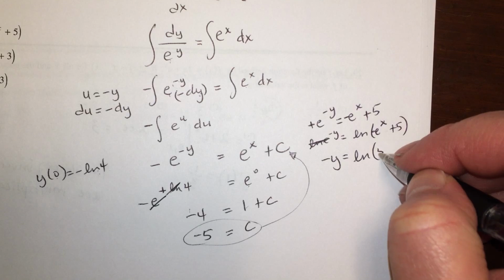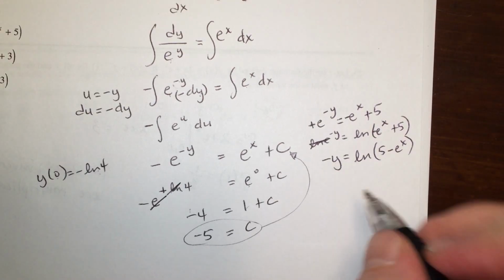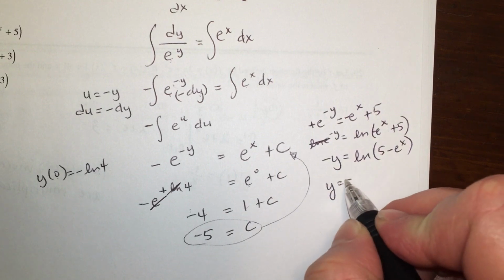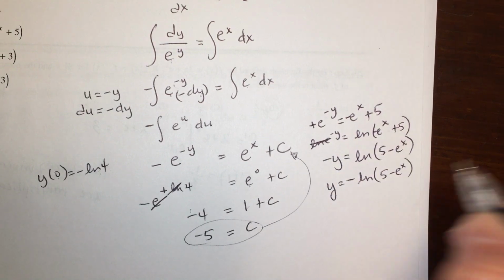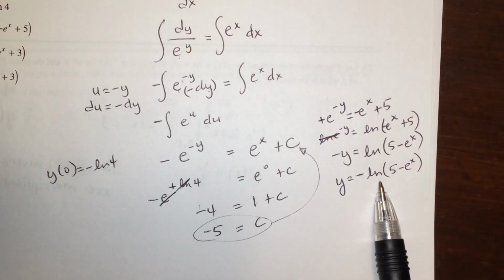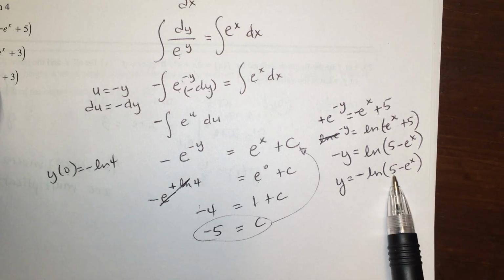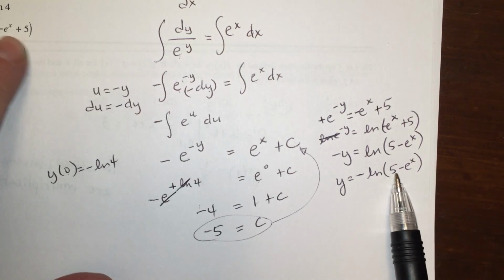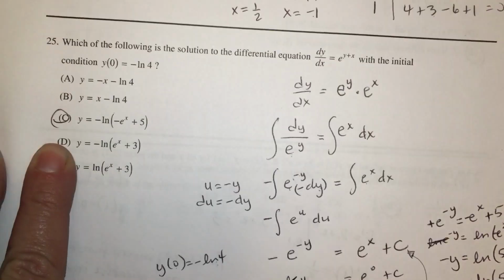I'm going to write this positive 5 first, minus e to the x. And then I want to divide both sides by negative 1, which puts a negative in front of that natural log. And let's hope that that answer is there. So y is equal to negative natural log of 5 minus e to the x. So there it is right there. Answer choice C.